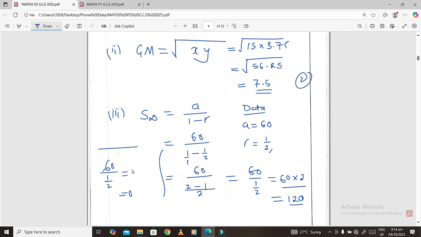So here we know that it's 60 divided by 1/2. So now this 60, the division will change to multiplication, and the fraction will reciprocate, and this will give us 120. That's how I got this 120 right here as a solution.